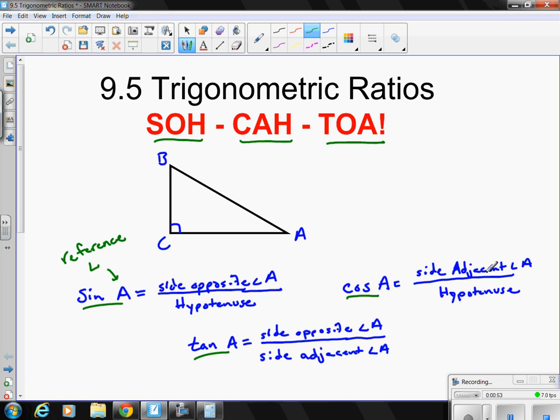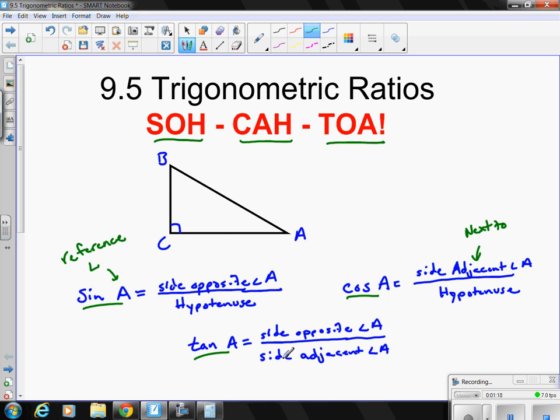Cosine is the side adjacent. Adjacent means next to. So the side next to angle A that is not the hypotenuse. So this would be my adjacent side because this is my hypotenuse. And tangent is the side opposite angle A over the adjacent side.